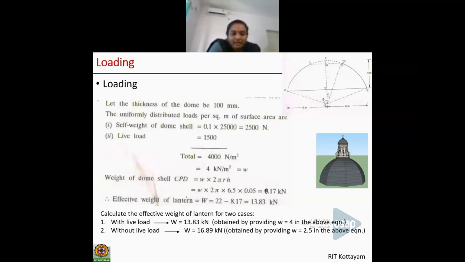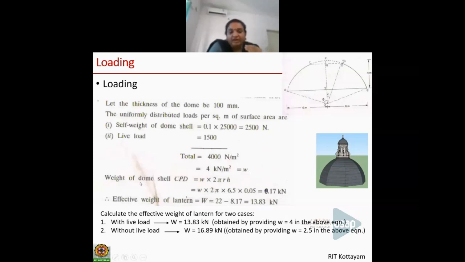And as I said before, we have to calculate the self weight as the thickness multiplied by the unit weight of concrete, and if we consider the live load, you have to add the live load so that the total loading is obtained, which is the total uniformly distributed load, small w.